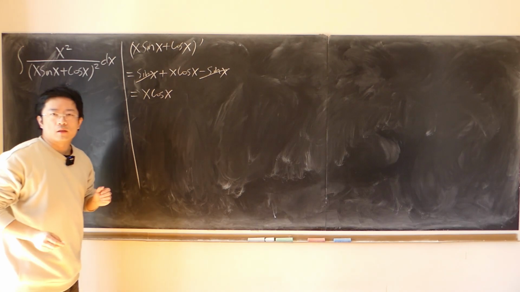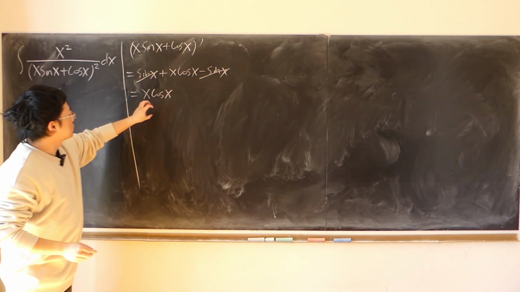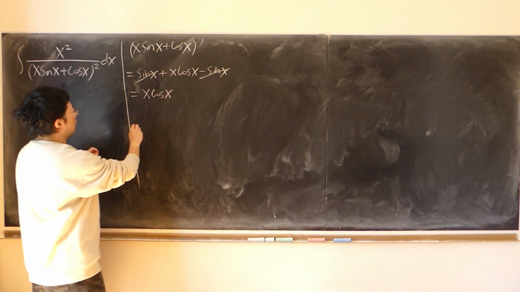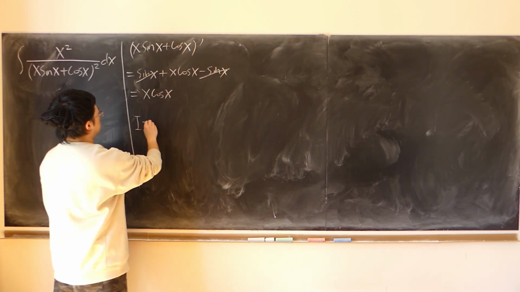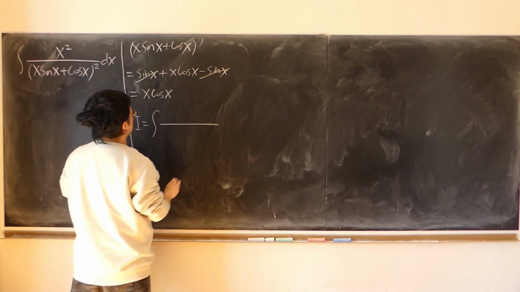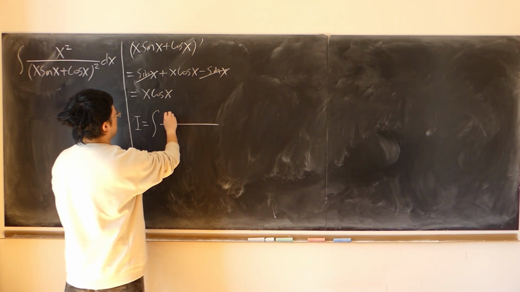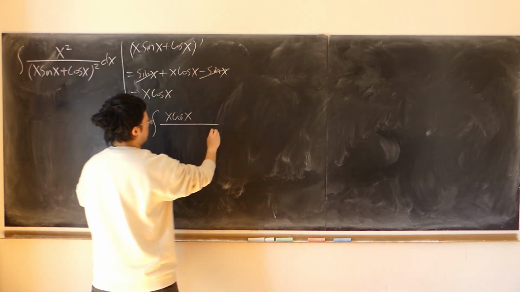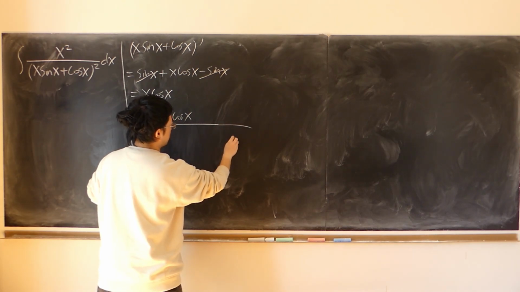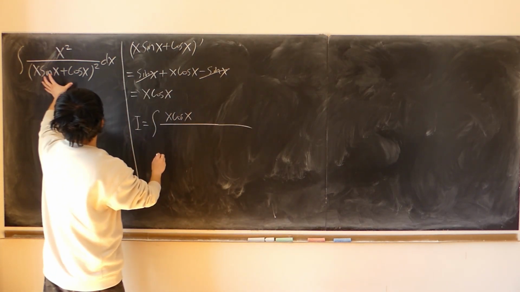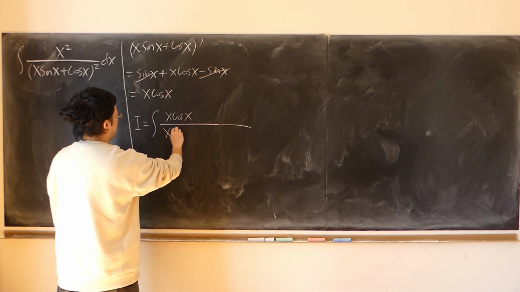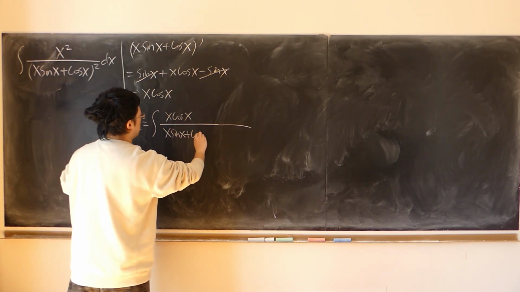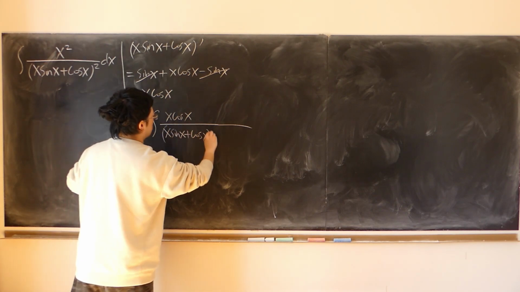Okay. But I don't have exactly x cosine x on the top. So I'll just do this. I'll just multiply by x cosine x and divide by the same thing. So first, let me copy down x sine x plus cosine x quantity squared.